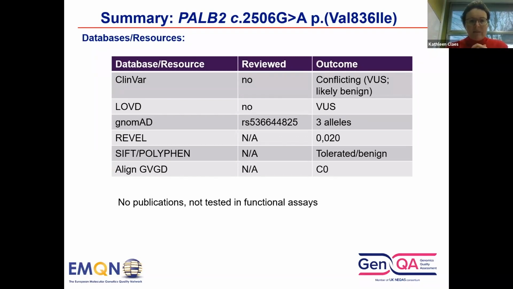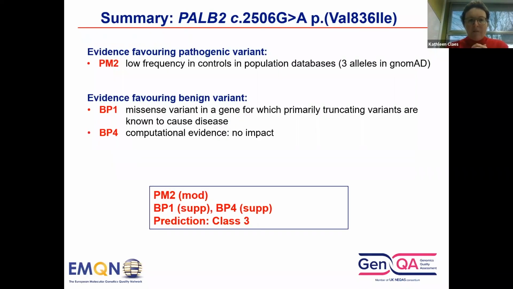Next slide, please. So coming to this summary, the evidence favoring a pathogenic variant, the PM2, is low. It has a low frequency in controls in population databases, 3 alleles in gnomAD.